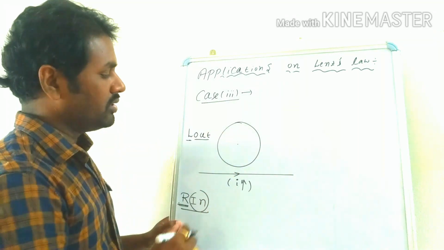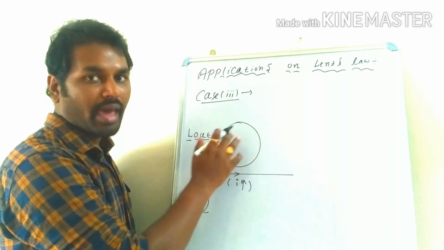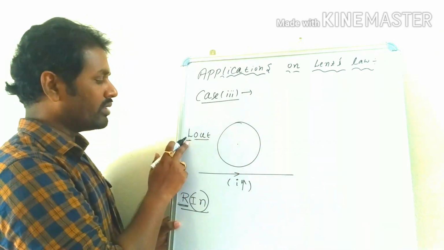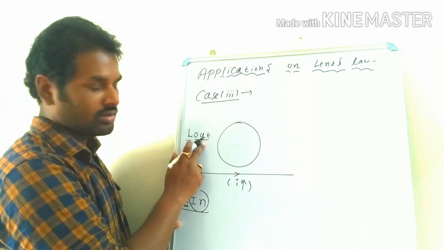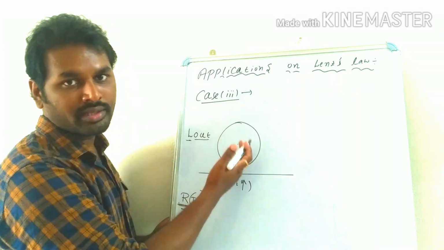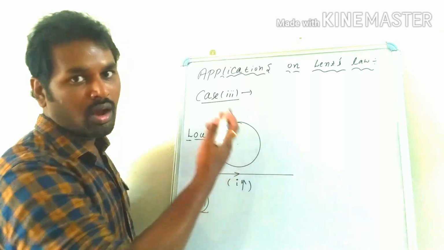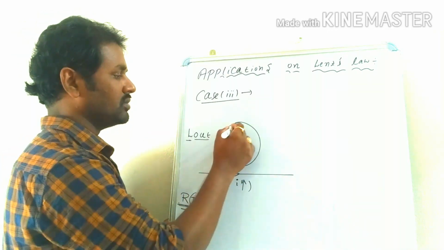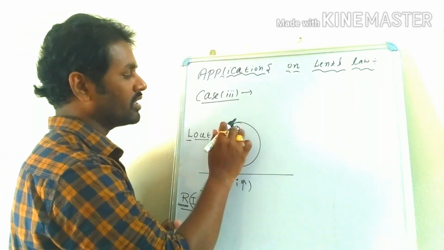So directly you can draw some magnetic lines of force with this L out on the left side. The magnetic field is coming in outward direction, out of the board.